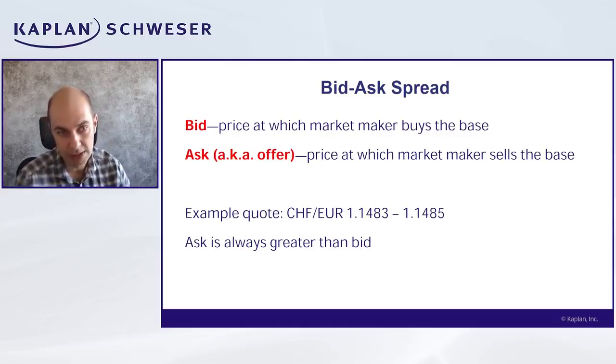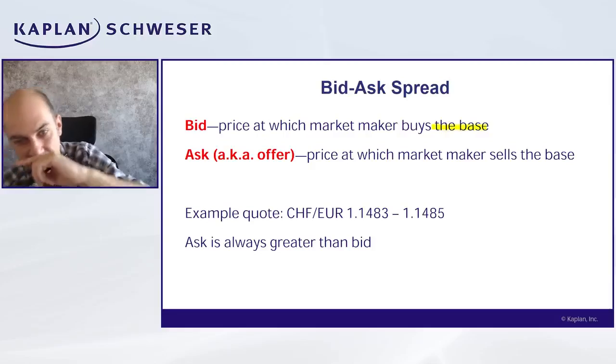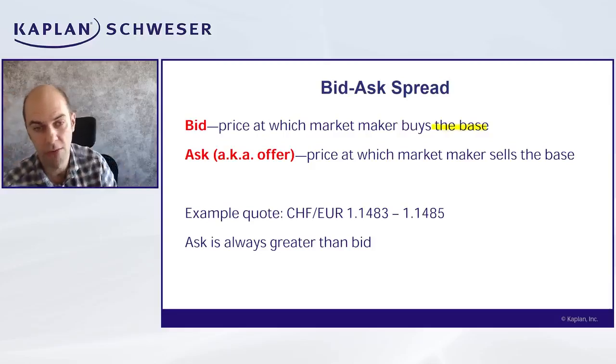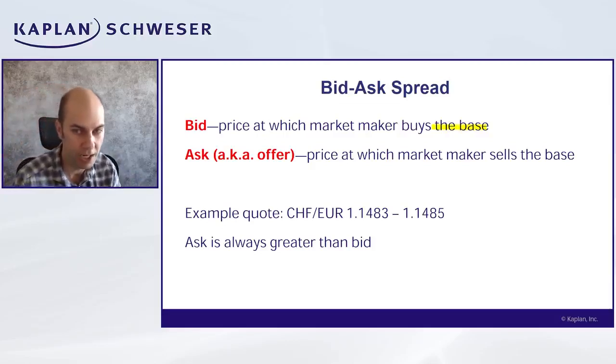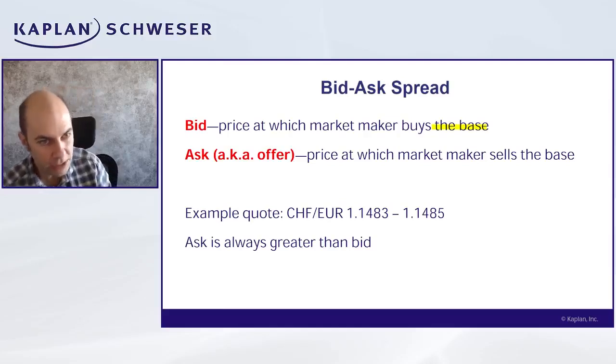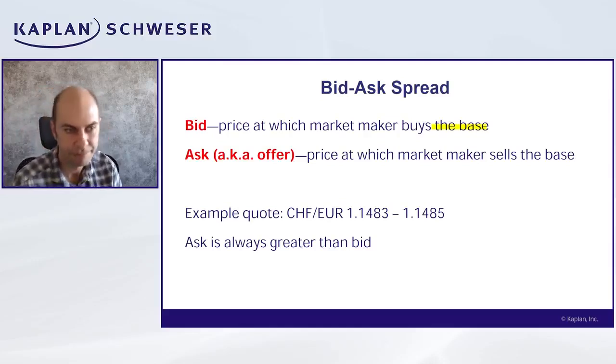The bid is the price at which the market maker buys the base. Again, here, please underline the base. It's all about the base, my friends. So the market maker buys the base at the bid and sells, you guessed it, the base at the ask.